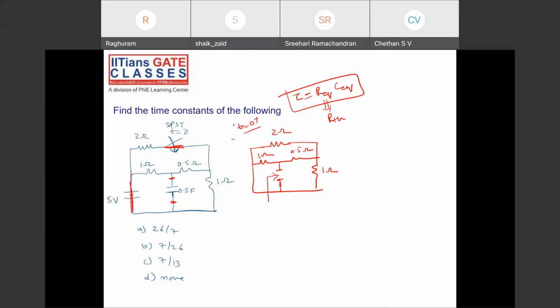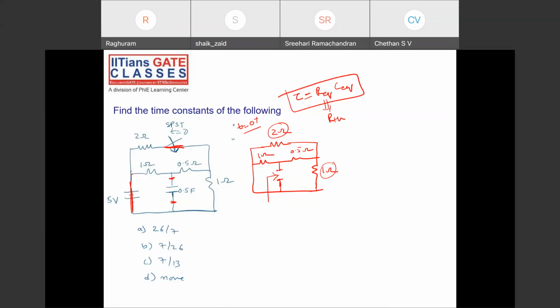Tell me, can you see any connection between the 2 ohm resistor and the 1 ohm resistor? They are parallel.